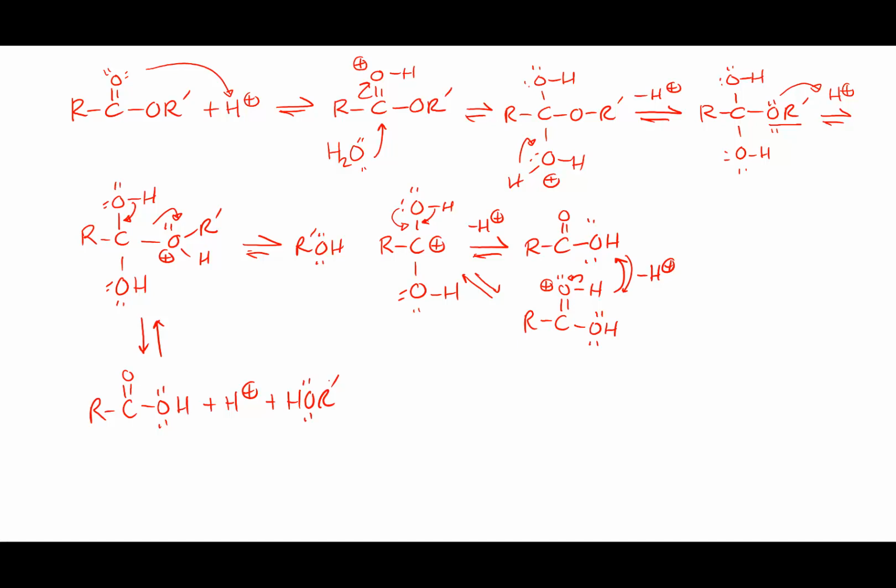So either one of those mechanisms is fine with me. One's considerably shorter than the other, but they both get the job done, and you'll see these used interchangeably within organic textbooks like Top Hat. So that was acidic cleavage.